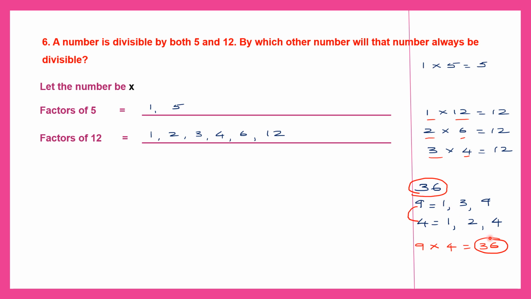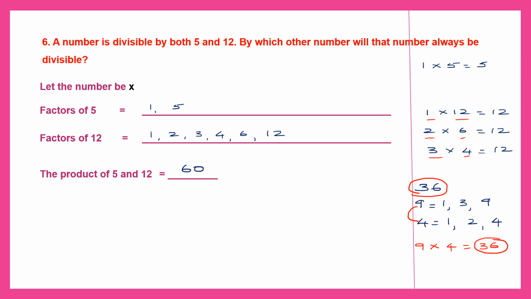So 36 also will divide 36 completely. Similarly here, all these numbers will be able to divide this number completely. That means give a remainder 0. Also, if I multiply 5 into 12, that means the product of 5 and 12, 5 12s are 60. When you multiply, you will get 60.